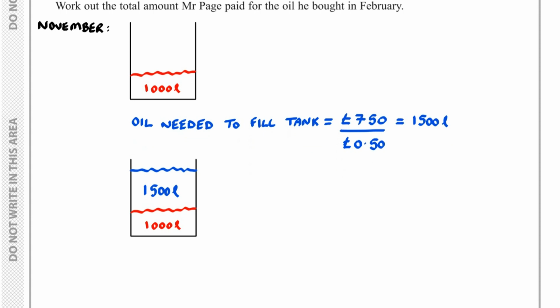So therefore what we have in total is 1000 plus 1500, so there's 2500 litres when the tank is full.